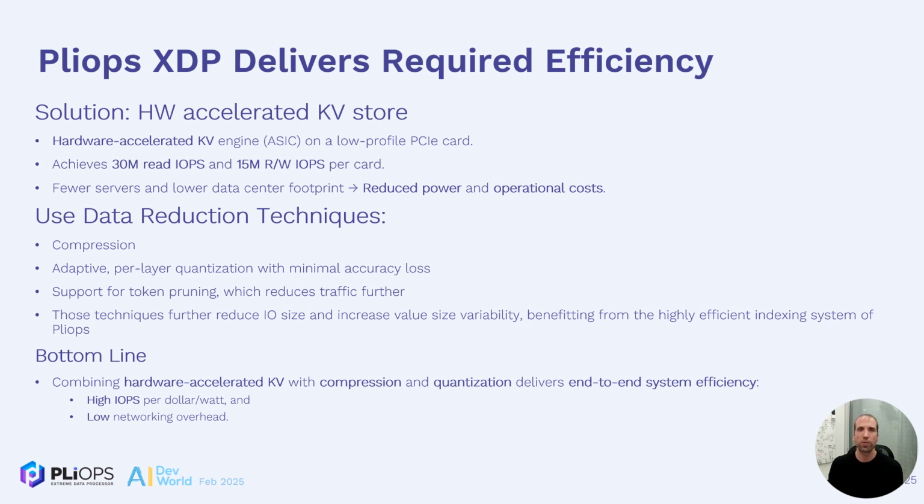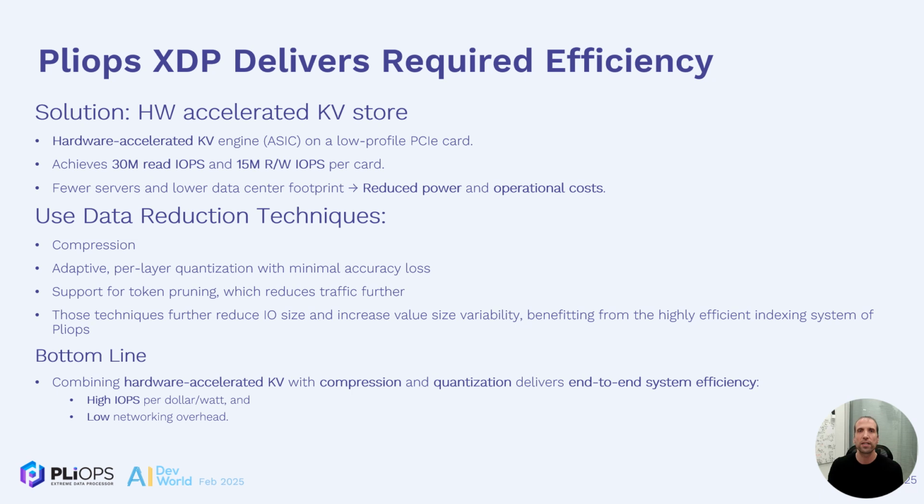With such high throughput and IOPS, we can significantly reduce the number of required servers, lowering data center footprint, power consumption, and operational costs. Beyond just high-speed storage, we also employ several data reduction techniques to further improve efficiency. For example, compression to reduce storage footprint and bandwidth, adaptive per-layer quantization to minimize KV cache while still maintaining accuracy, and token pruning to eliminate unnecessary tokens, reducing our traffic even further.